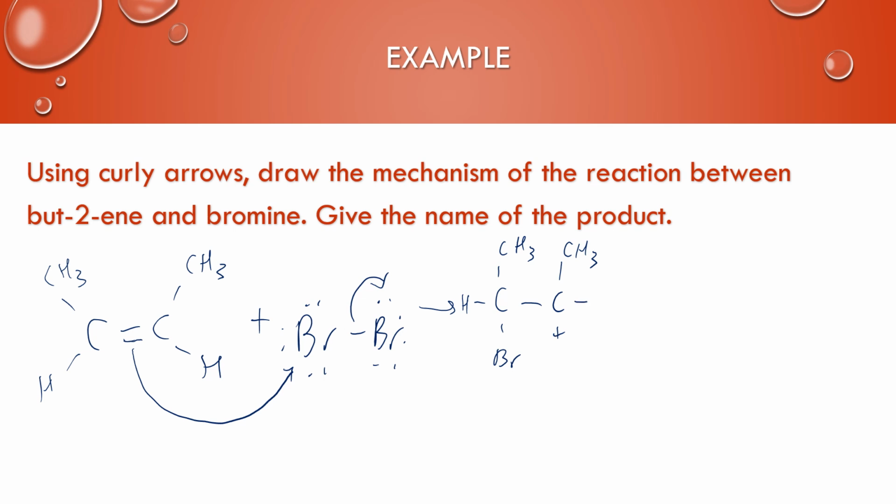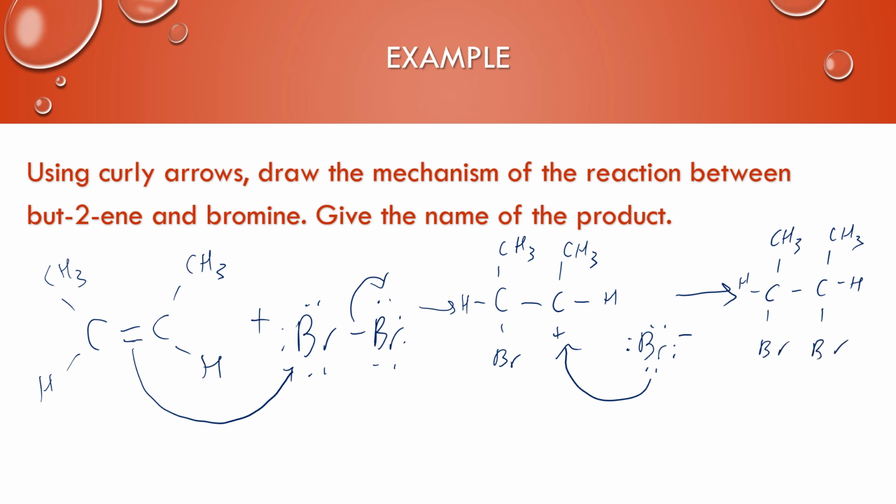And we have our carbocation intermediate. And then we have bromide. And then for our second step, that bromine is going to form a new single bond. So we are left with our new halogenoalkane with 2 halogens.